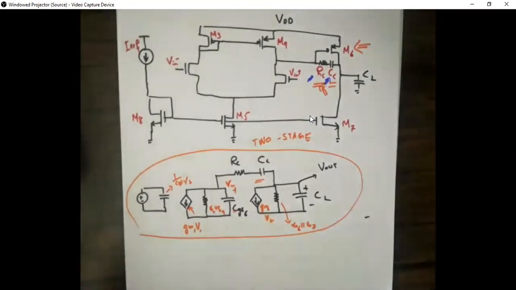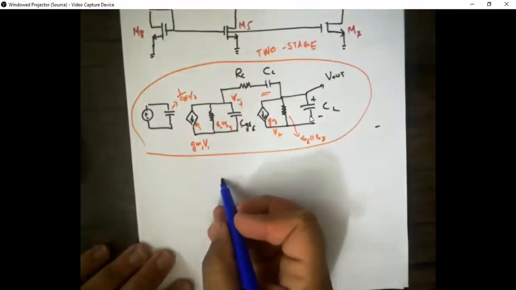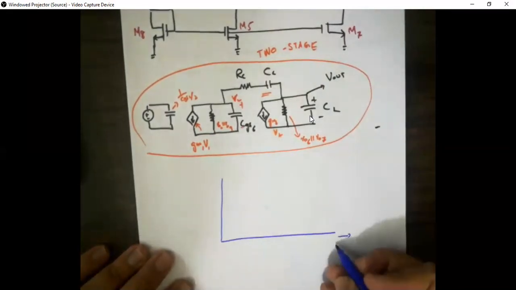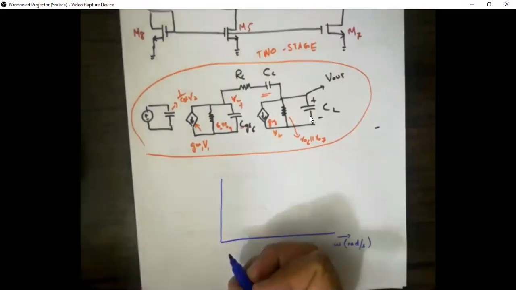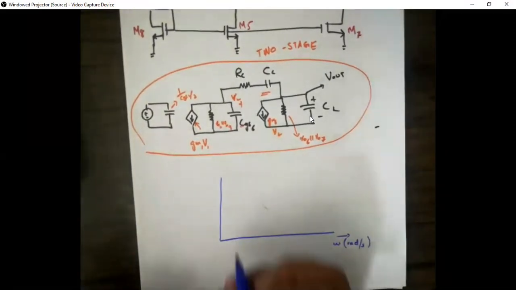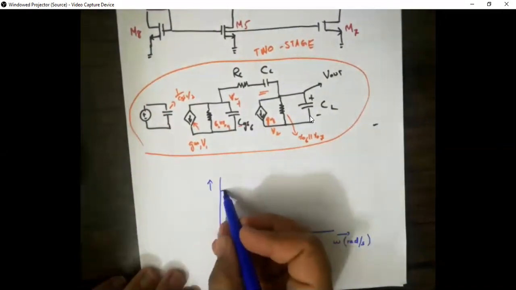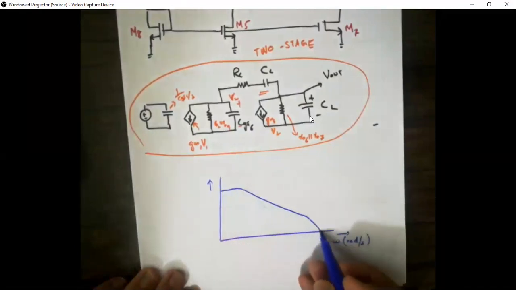So let's put those things which we covered in the last lecture, so we get an idea. We saw this is omega for us in radians per second. And if we talk about our bandwidth, we talk about this one and the second pole.